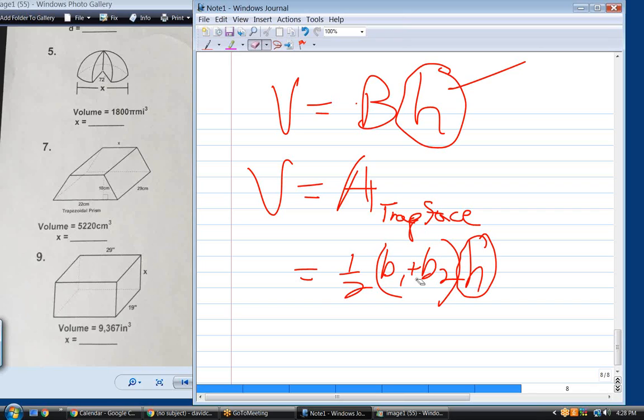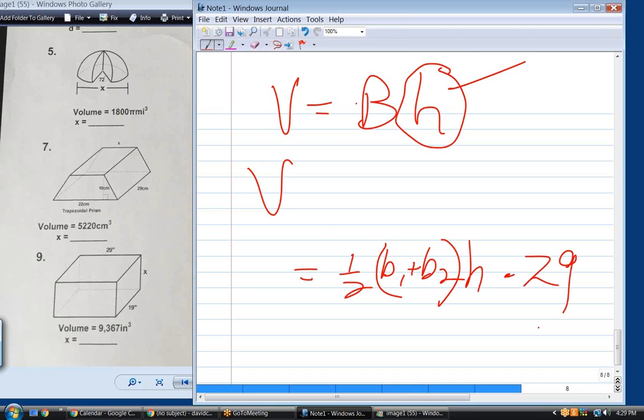So here's what I'll finish this up real quick here. So we end up with the volume being equal to the area of this base, which is the area of a trapezoid, which is this, times 29, the thickness of the prism. Okay? Now, that's the volume. They've given us the volume.